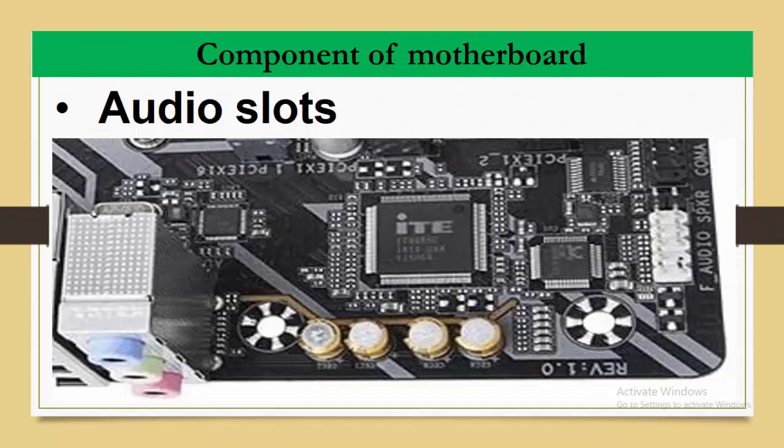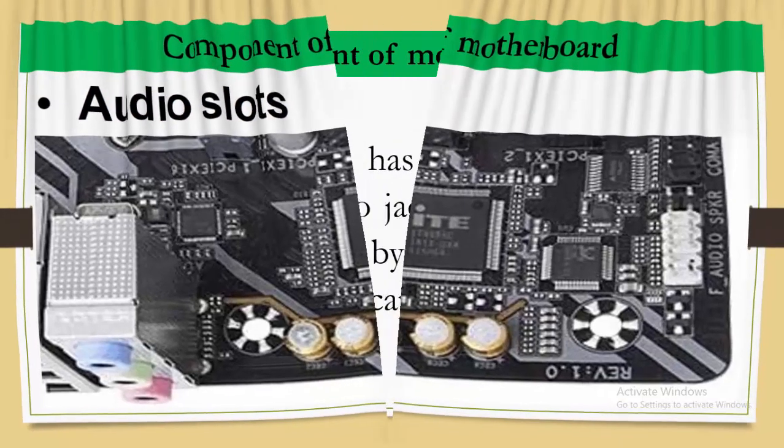High-end motherboards have more components in the audio section for crisp, clear sound. The audio slot is shown in the figure. I'm sure you have seen this in your computer cases also. Okay, students, let's go ahead.